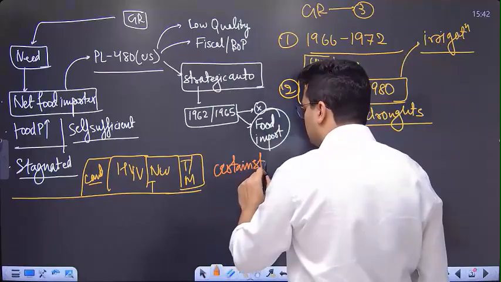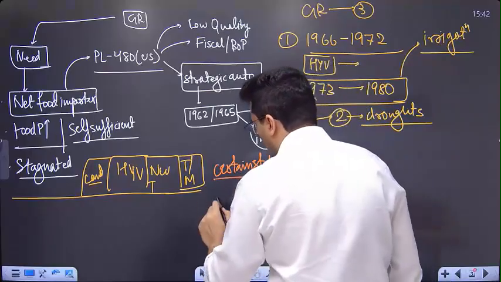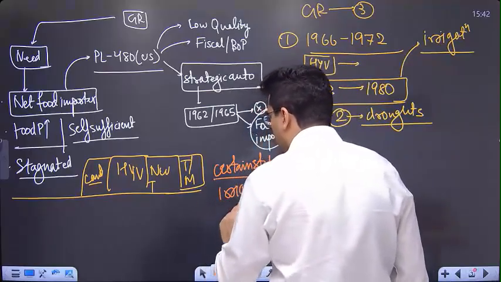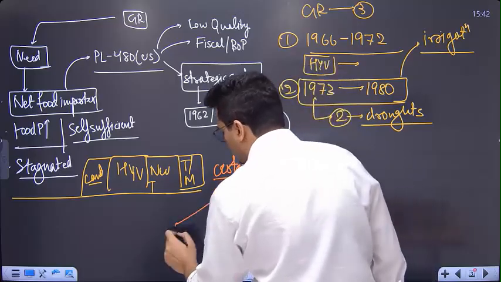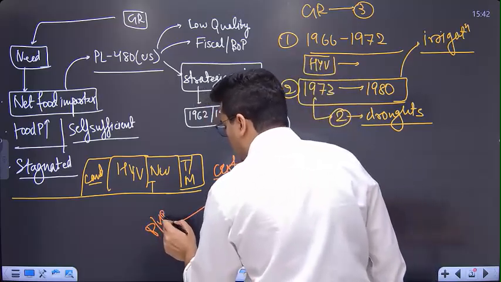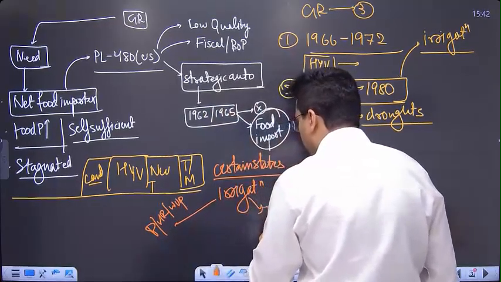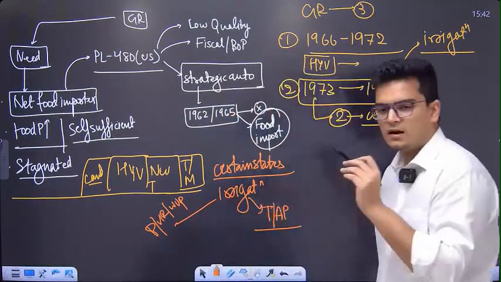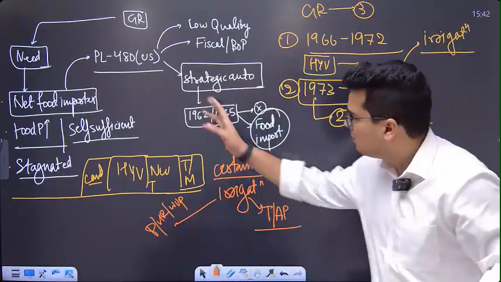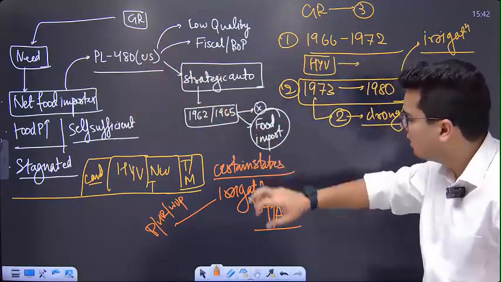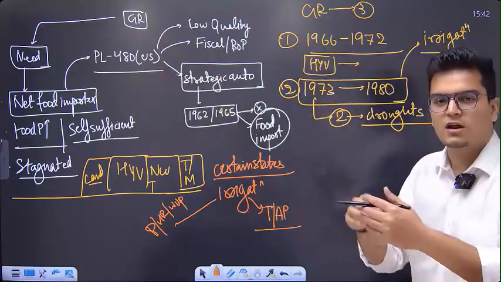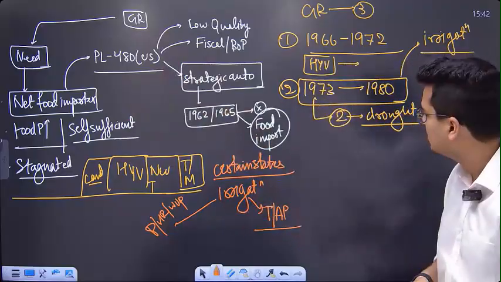And which states? States which already have good irrigation infrastructure. So it is introduced in Punjab, in Haryana, in Western UP, and some parts of Tamil Nadu and Andhra Pradesh. The other areas of the country are ignored. Why? Because we are facing this dependency, we have to quickly improve our production. We don't have time for balanced regional development.